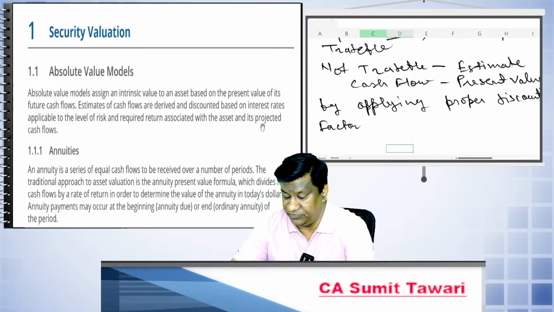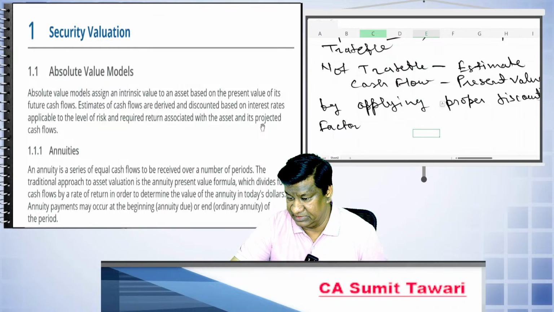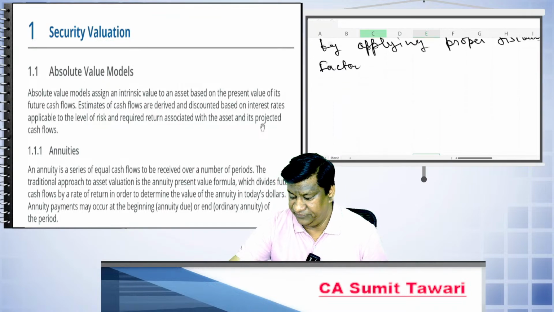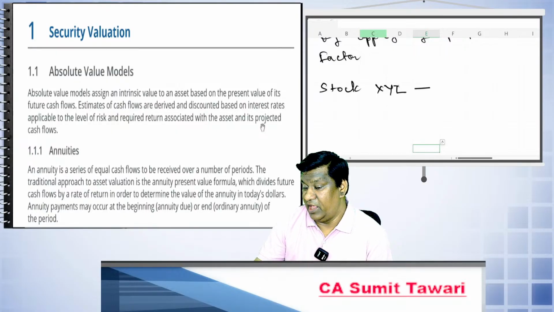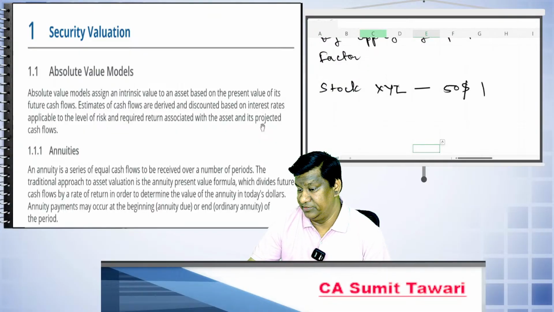Okay, so we are going to learn each and every statement here. If I consider the stock XYZ, it is tradable, and the recent transaction happened at $50 per share.